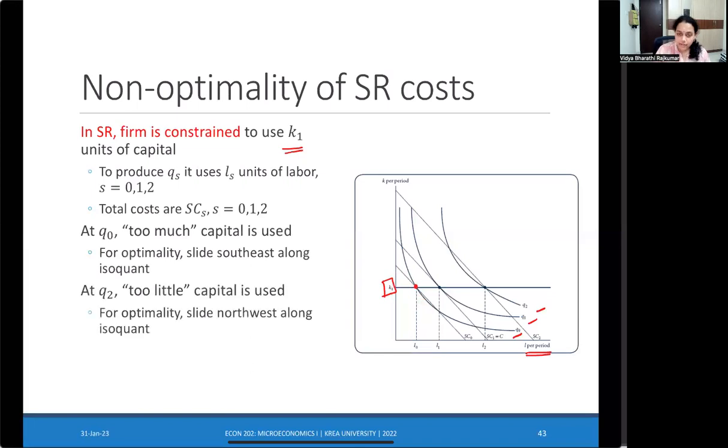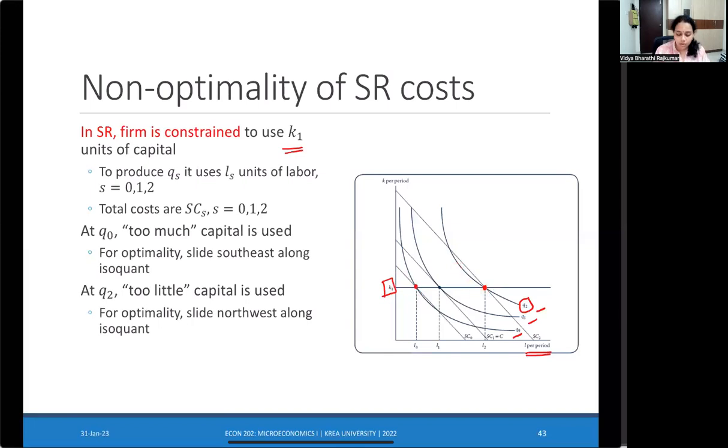On the other hand, if we were focusing on Q2, a higher level of output, production happens here. Why does it happen there? Because we had curtailed how much capital we can use. So we have to use only K1 units of capital, and we're using L2 units of labor. Here again, certainly there's no tangency of the isoquant with the budget line. Tangency will happen somewhere here, meaning if you get more capital and less labor, you're producing at Q2 with a less expensive bundle.